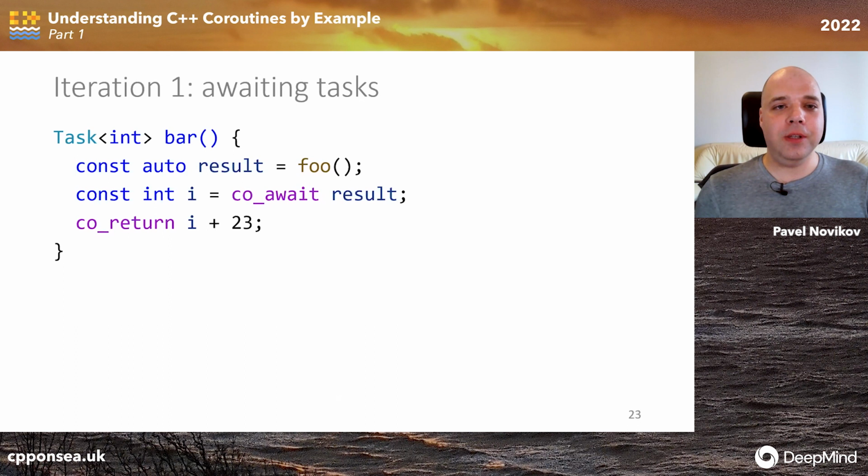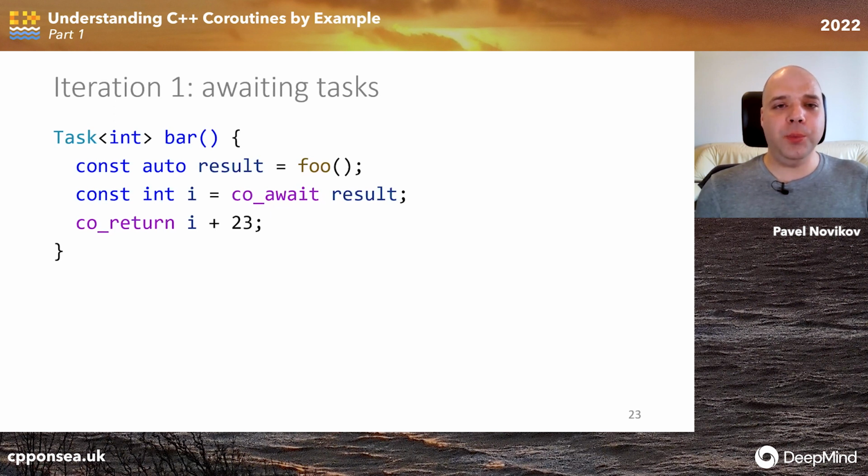In this case, we have another coroutine that calls our first coroutine foo. We'll get a task from the coroutine foo in the variable result, and we can't just use that object. We, in this case, have to call co_await on that result.